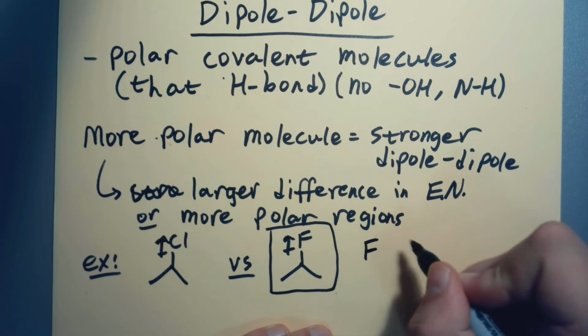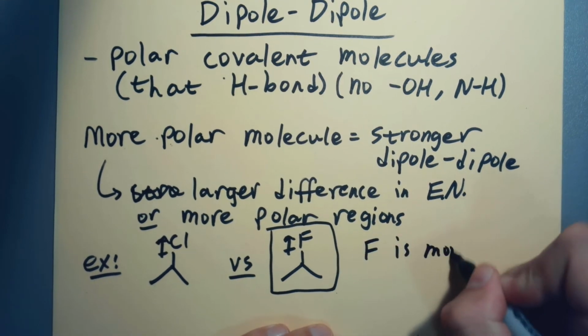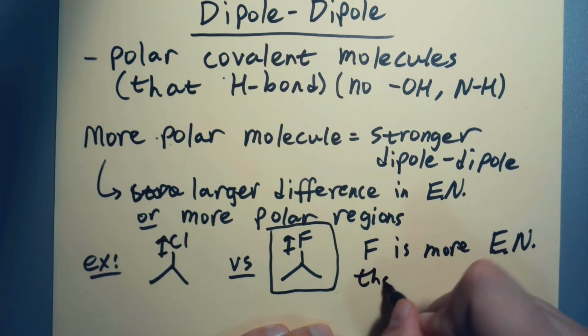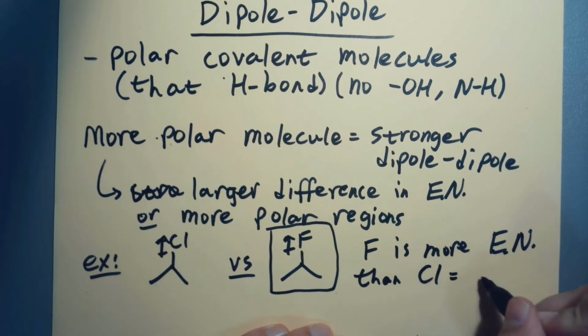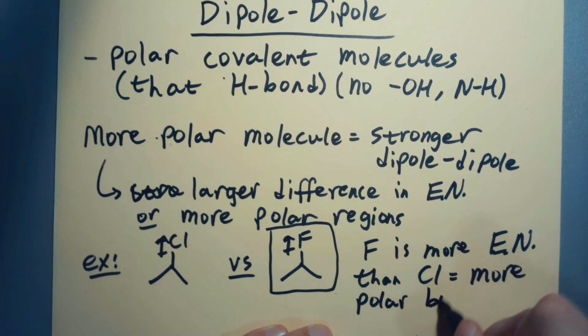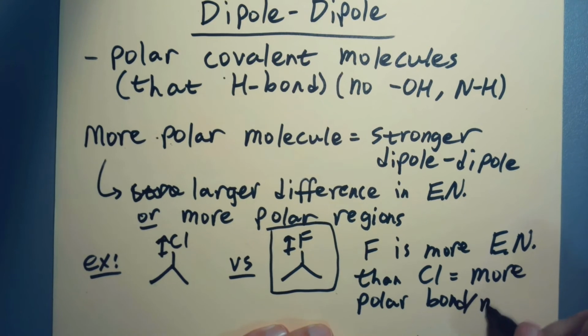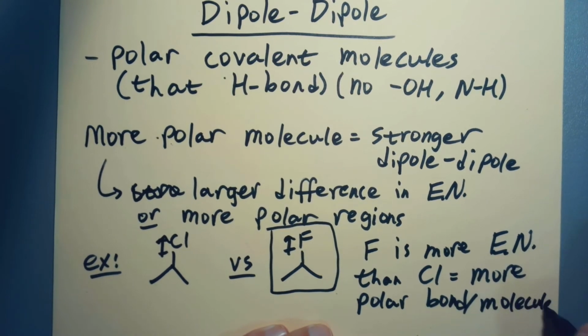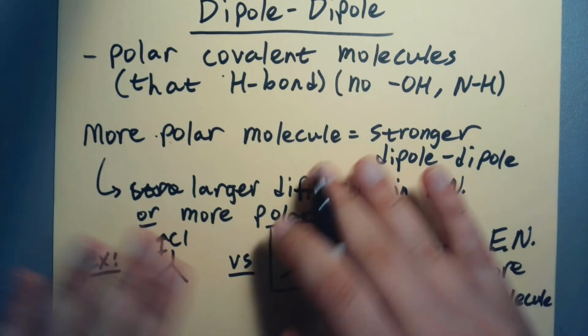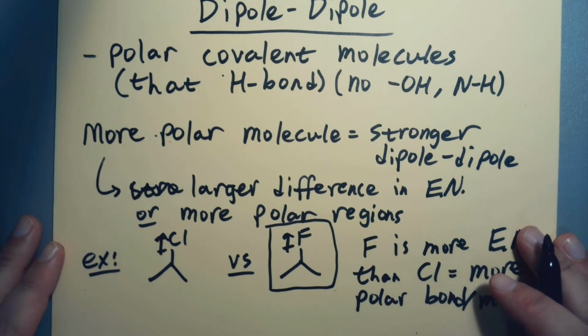So fluorine is more electronegative than chlorine, so that equals a more polar bond, and in this case that also means a more polar molecule. So that's the first example. You compare the polarity of the bonds, in which case you get the polarity of the molecules. There's no other dipole to cancel out, anything like that.